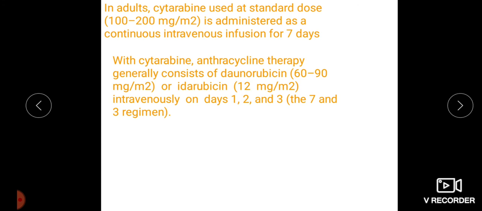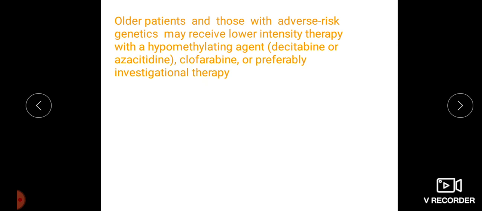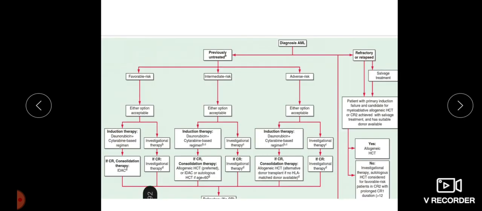This regimen is given in fit persons, adults and young adults with no comorbidities and less risk. But for older patients with adverse risk genetics and comorbidities, cytarabine and daunorubicin is risky. So we give a hypomethylating agent, low intensity therapy with decitabine or azacitidine.